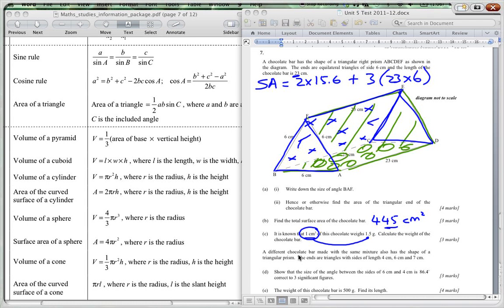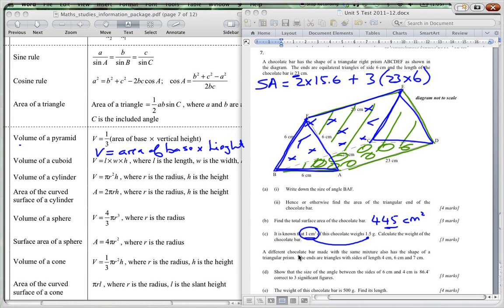Now to find the volume of a prism, we've got a prism here. We are going to use this formula over here, basically that the volume is the area of the base times the height.